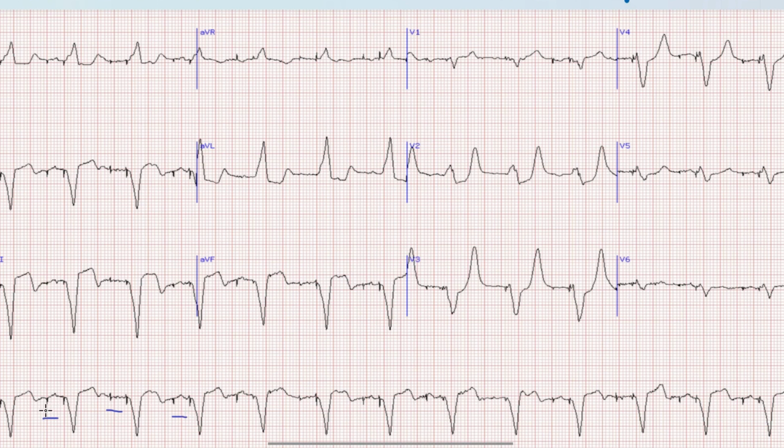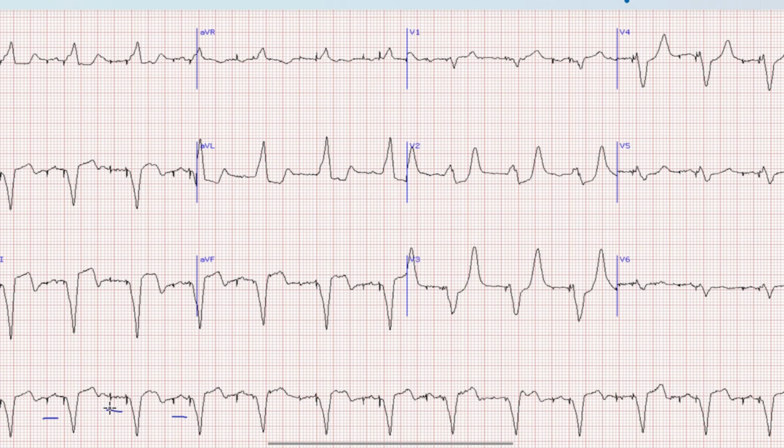There is a spike followed by a P wave and there is another spike followed by a QRS complex. These spikes basically represent pacing. The first spike is atrial pacing while the second spike is ventricular pacing.